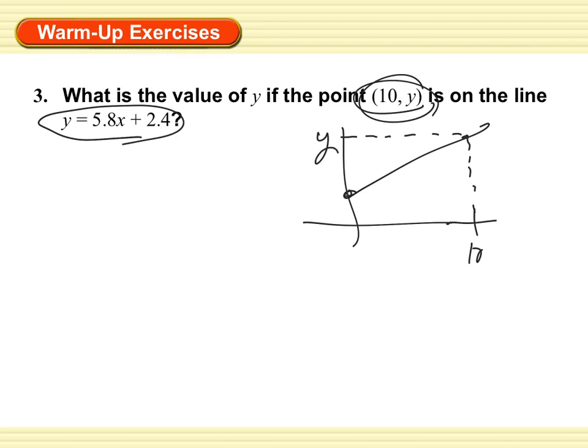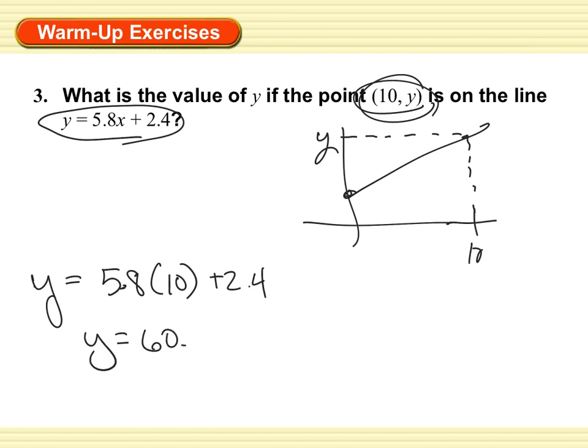So I could graph it, but that's silly. I'm just going to plug in the values and get the results. Replace x with 10. That gives me 58. Plus 2.4 is 60.4. Easy peasy, right?